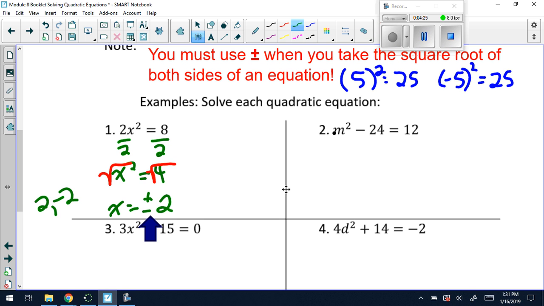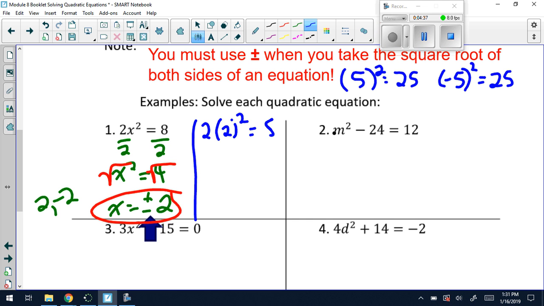Now to plug in and check. So I'm done. That's my answer right there. But if I want to do a check, I come back to my original. I do 2 times 2 squared equals 8. So I'm plugging 2 in for the x. I do my exponent, and then once I do my multiplication, I'll see that that's a true statement.